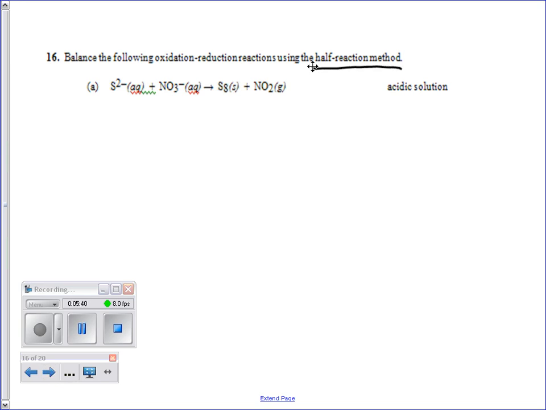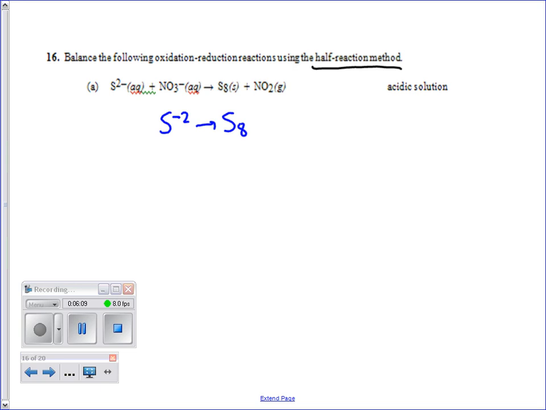The half reaction method depends on the redox, the reduction and oxidation. And the first thing we need to do is identify what two things are changing oxidation state. Look at oxygen last. What two things are changing? Sulfur and nitrogen. So we're going to pick one. What do you want to work with first, sulfur or nitrogen? I don't care. Sulfur. So I'm going to pull down everything that has sulfur in it. Sulfur -2 going to sulfur 0, S8.